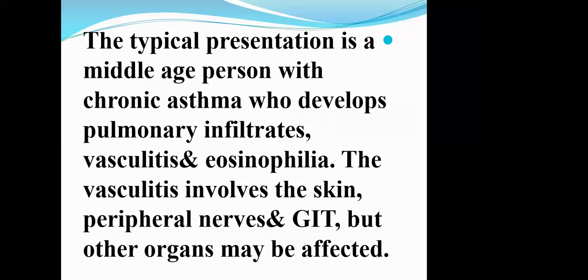Okay, and in addition to eosinophilia in the blood film. If we do a complete blood count for them, eosinophilia appears. In their presentation, like asthmatic patients, if we do a chest x-ray, a pulmonary infiltrate appears, a pulmonary shadow or opacity. So we have three presentations: asthma, lung infiltrates, and eosinophilia.